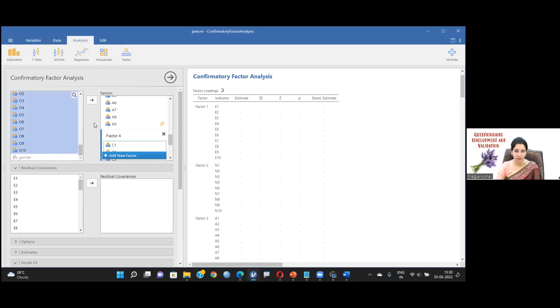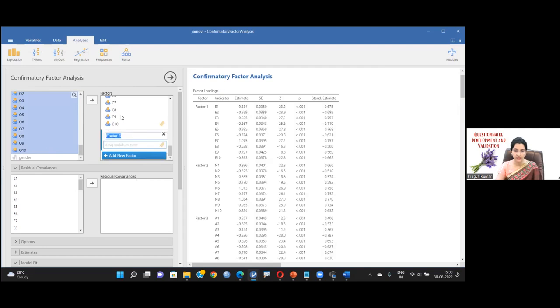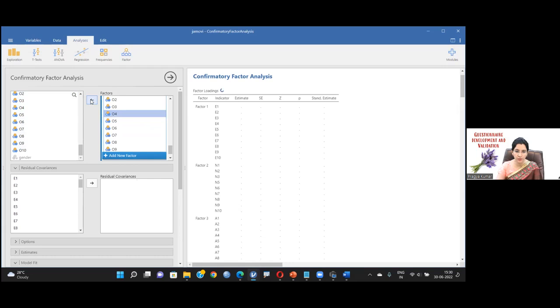But I have not created a factor, so I need to add a new factor, factor 5, and I have moved these there. But again, I have to move O4 and O9 back to this window because I have decided that I will not keep these items because they were not getting loaded. So have you understood this process which I am doing?